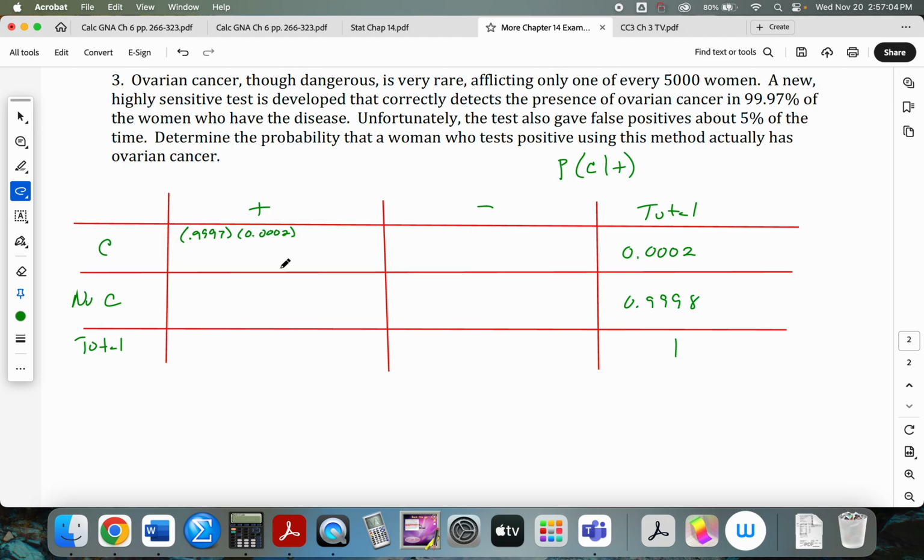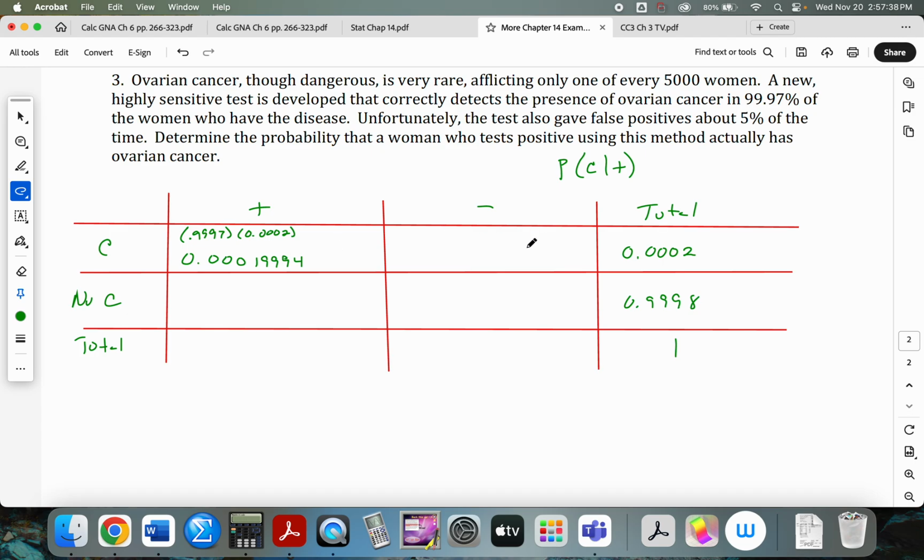And when we do that, let's see, 0.9997 times 0.0002. That ends up being 0.00019994.